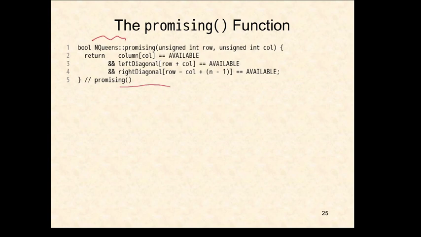So we ask the promising member function, is this row and column promising or not? We check if that column is available, and if the left diagonal and the right diagonal are all available. If all those things are available, then it's promising to put a queen there. Notice we don't check the row in here, because we're always going to ensure that we put one in a new row.